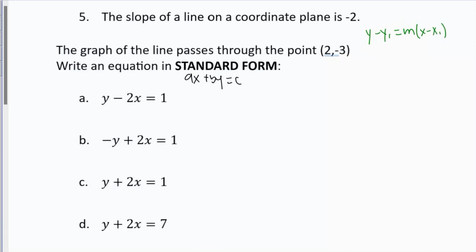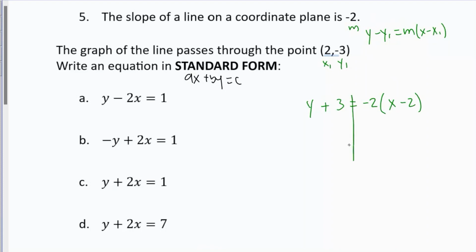And I'm going to plug in my numbers to my equation. So I have x1, y1, and m. So I'm going to use y minus -3, which 2 negatives create a positive, equals -2 times x minus x1, which is 2.